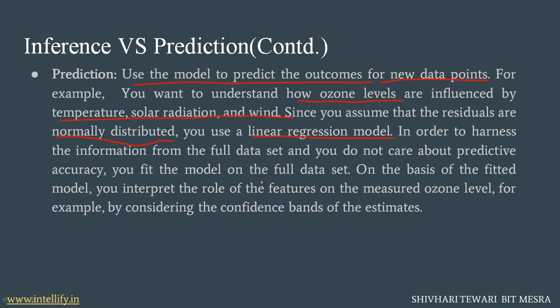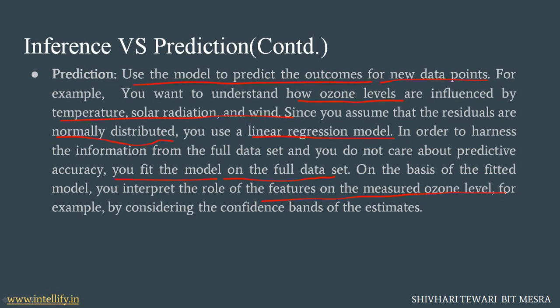We fit the model on the full data set, the model that we have created, the machine learning model basically, and on the basis of that fitted model we interpret the role of the features on the measured ozone level, and on the basis of those features we predict the outcomes for the new data points, what will happen in the future if we are including some other data in our, we can say, previously existing data set that we have fitted in the model.